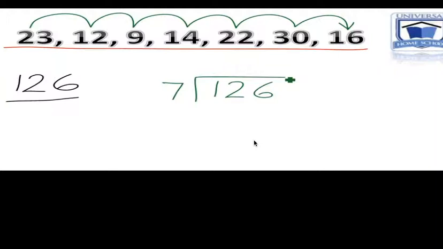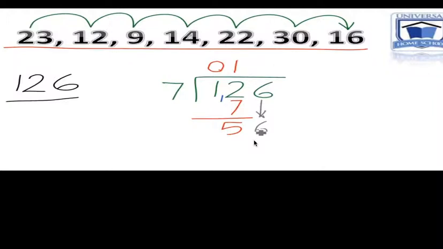Simple division. We can do this long, we can do this short. I'm going to do this long. How many 7s in 1? 0. Okay, we don't need to do anything there. How many 7s are in 12? Well, there's 1 7 in 12. Then 1 times 7 equals 7. Take away, that will equal 5. Bring this 6 down, that will be 56.